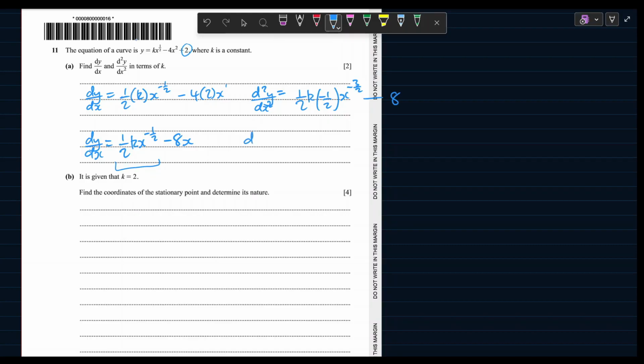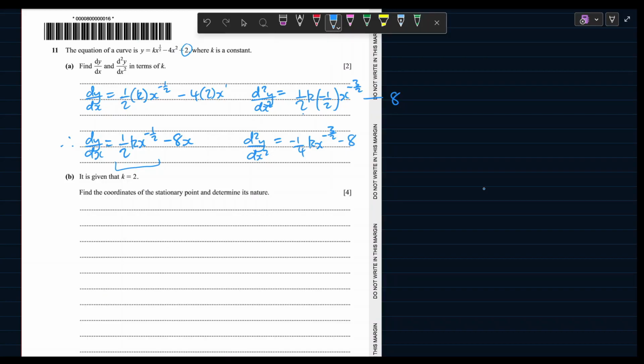So it means our second derivative is going to be equal to, so half times negative half, that's negative a quarter, k x to the negative 3 over 2 minus 8. And this would be our final answer. There's our dy/dx and our d squared y/dx squared.